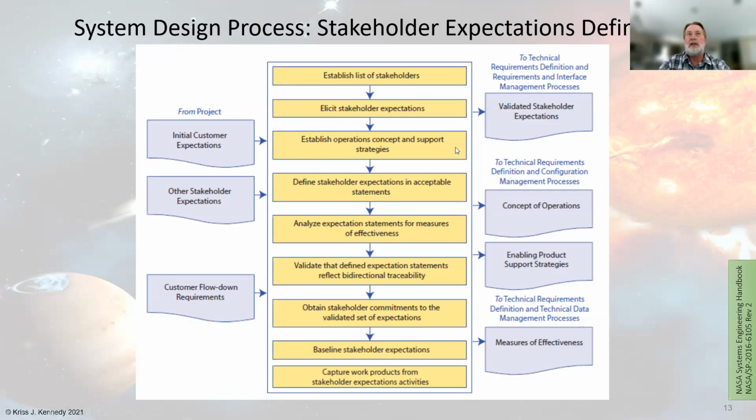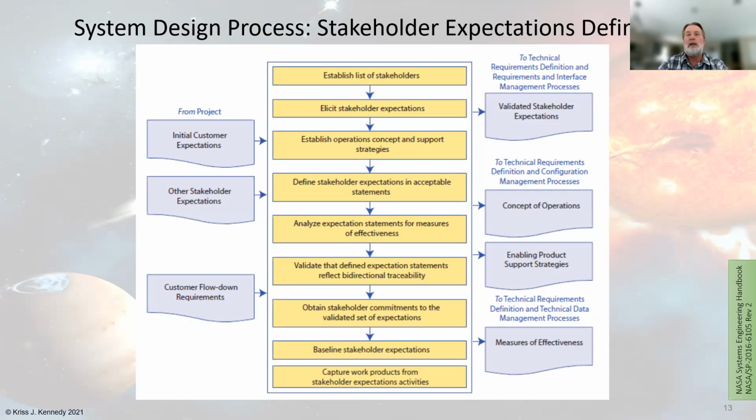You establish the operations concept and the various strategies. You define the expectations and acceptable statements. You analyze those statements for measures of effectiveness, which will then turn into your evaluation criteria. You validate that your defined expectations reflect bi-directional traceability. Then you obtain stakeholder commitments that they buy in.